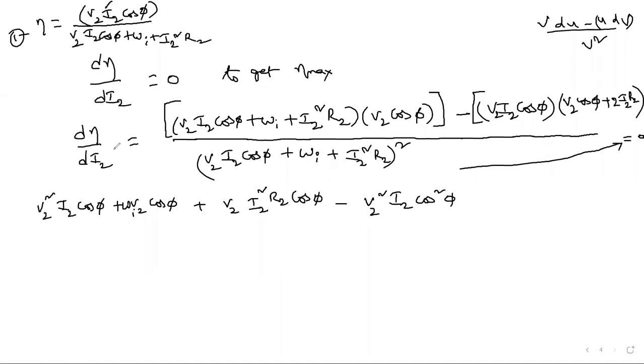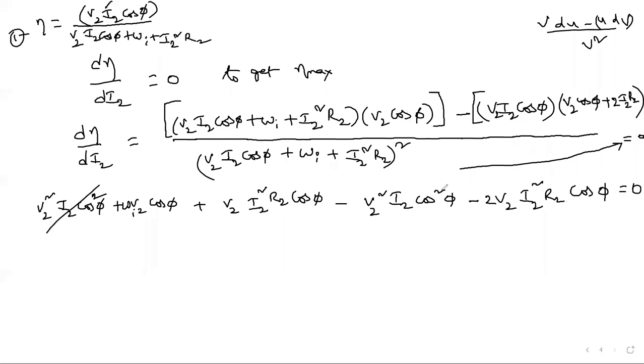Here also cos square phi, first one. Next minus into plus minus V2 I2 into I2 square R2 cos phi equal to 0. The denominator cross multiplying to RHS side will be 0.